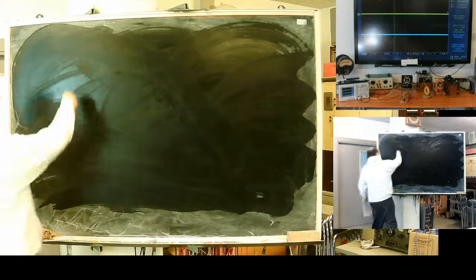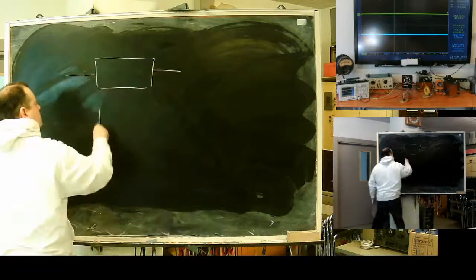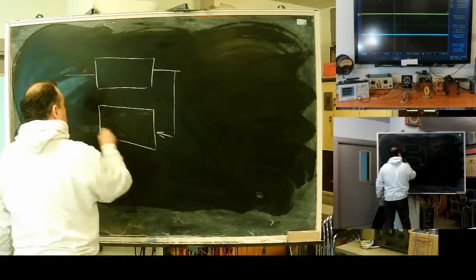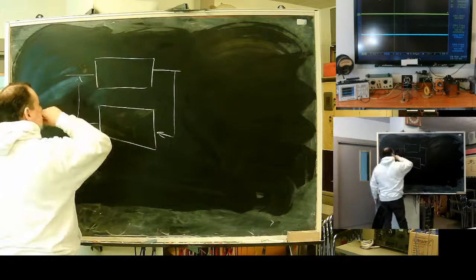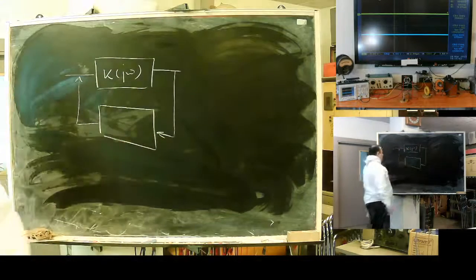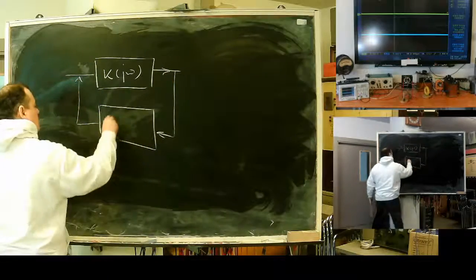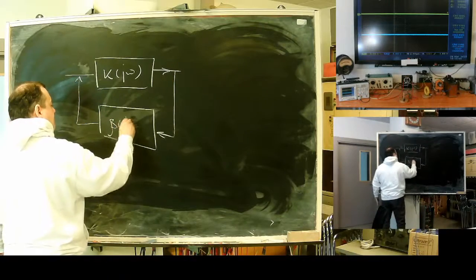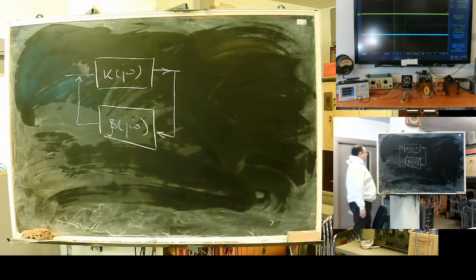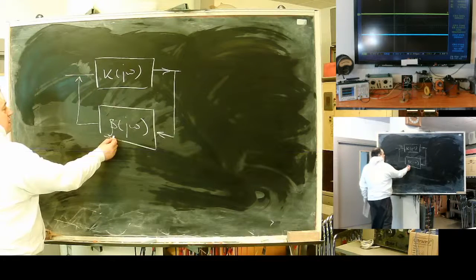Okay. Our previous subject of interest was system feedback. Let's say we have a transfer of some direct circuit and a return circuit with its transfer function beta.